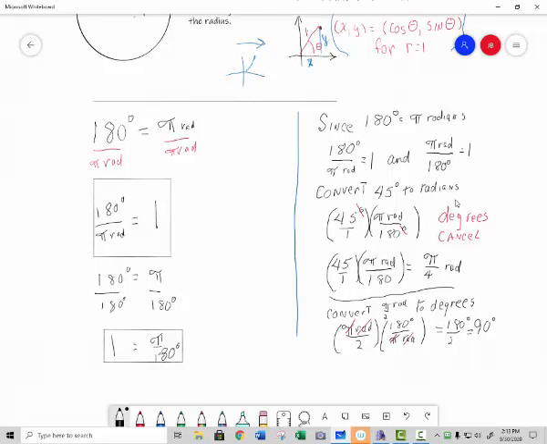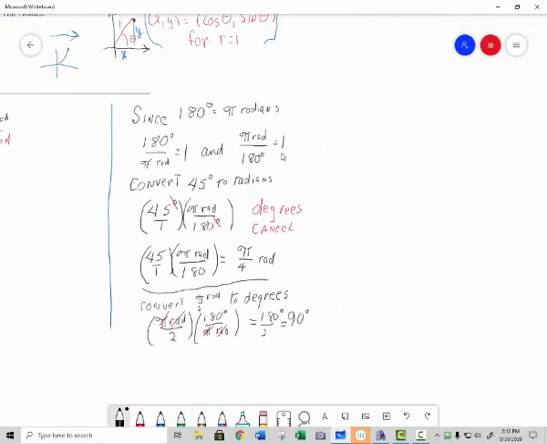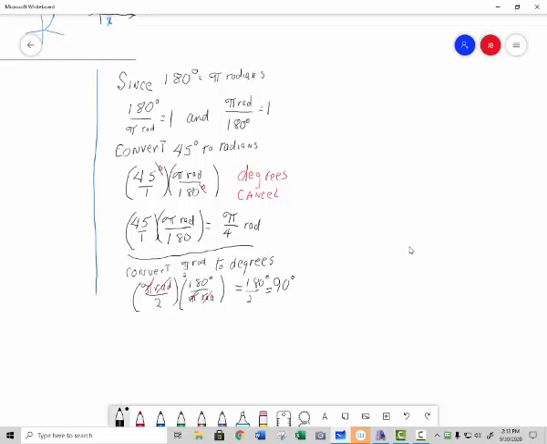Here's what I want to do. 45 degrees to radians. I'm going to take 45 degrees and put it over 1, and I'm going to multiply it by something. It's going to be one of those formulas.